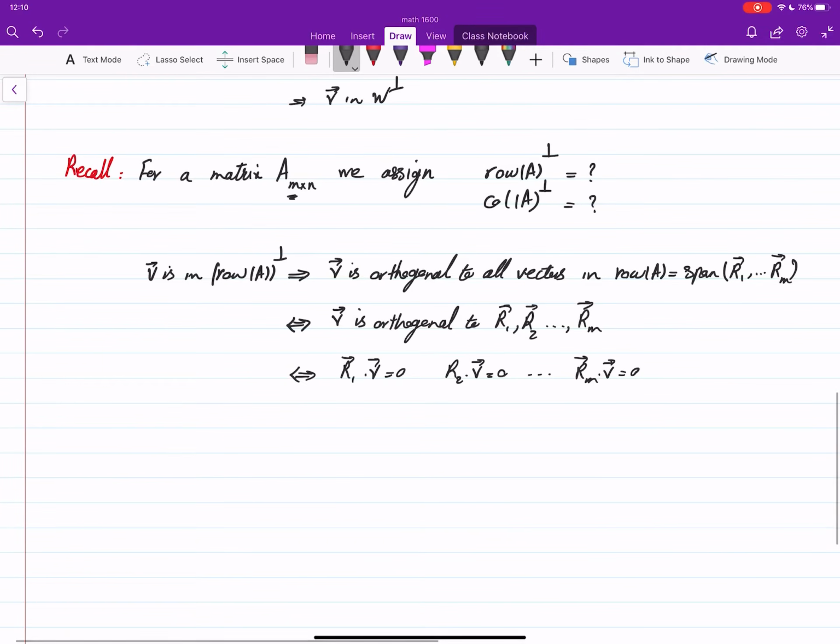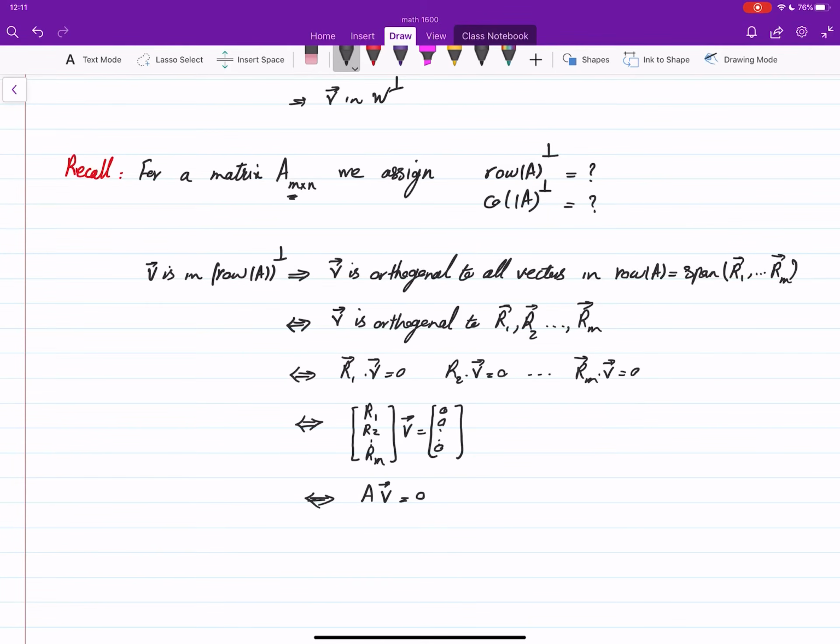This is the same thing as having row 1 here, row 2 here, up to row m here, and then multiplying by v as a column vector. So row 1 times v gives us 0, row 2 gives us 0, row 3 gives us 0. So that means that A dot v is equal to 0.